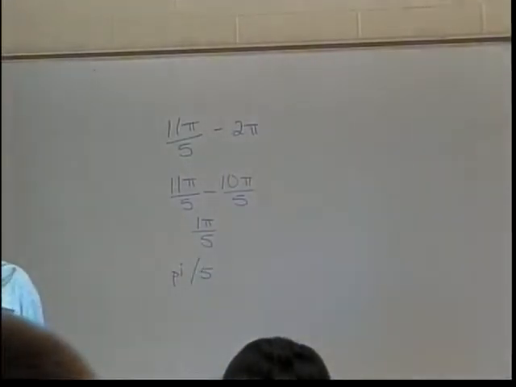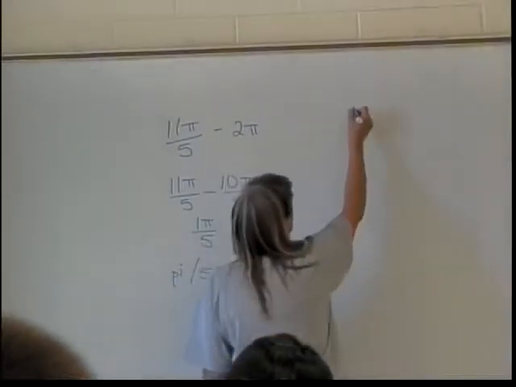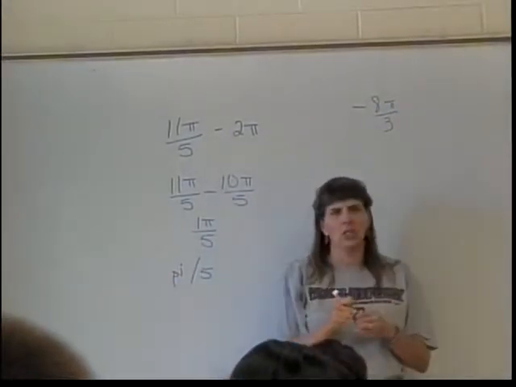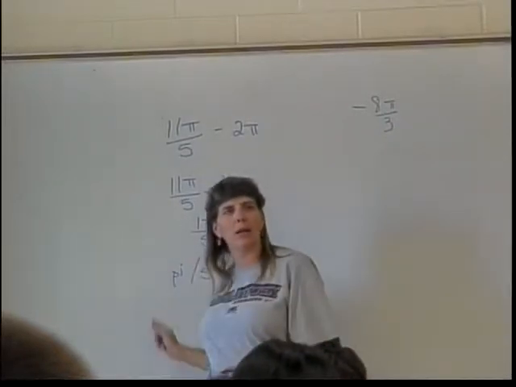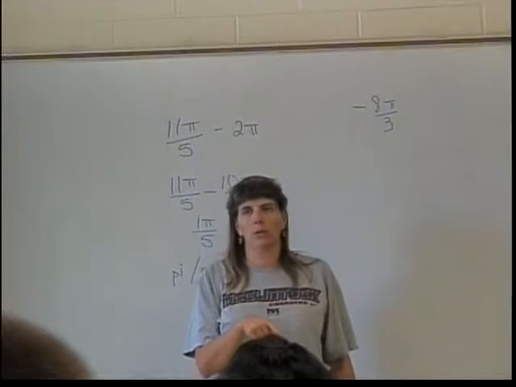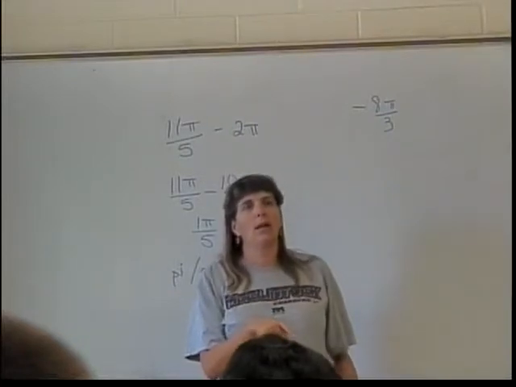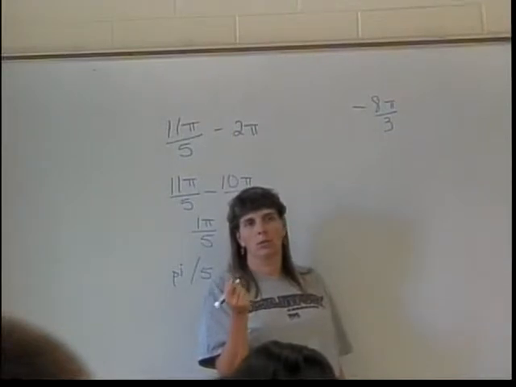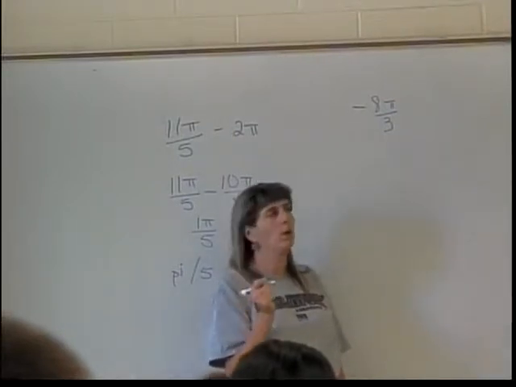Now what about the next one? The next one is negative 8 pi over 3. What did we say we needed to do if we had negative angles and we wanted to get coterminals? Add. So I'm going to add 2 pi. You think 2 of them?